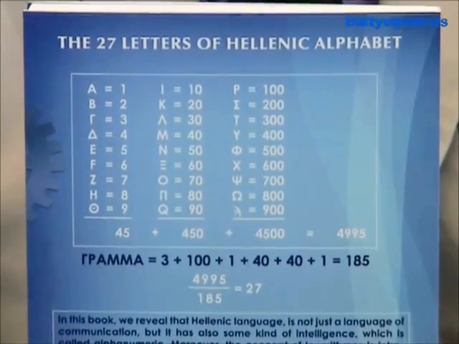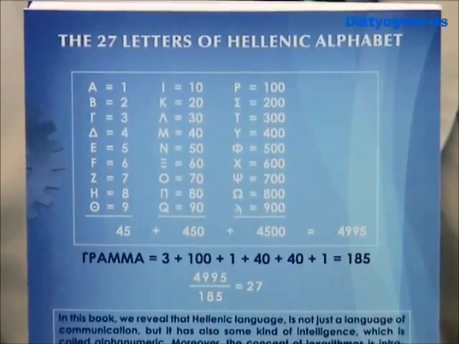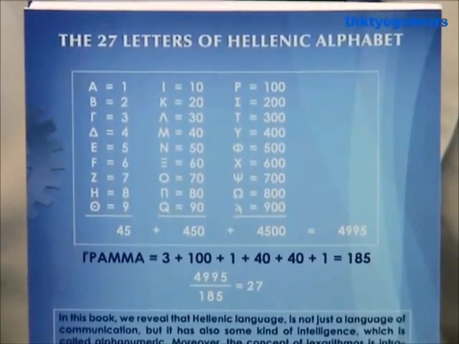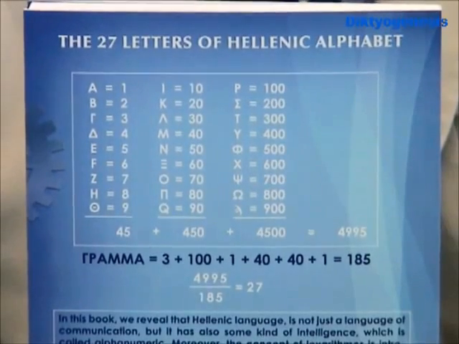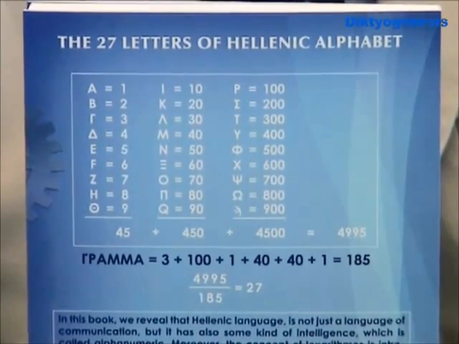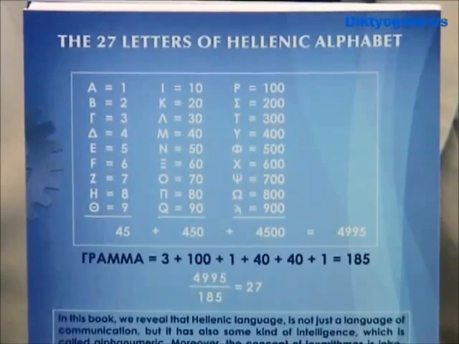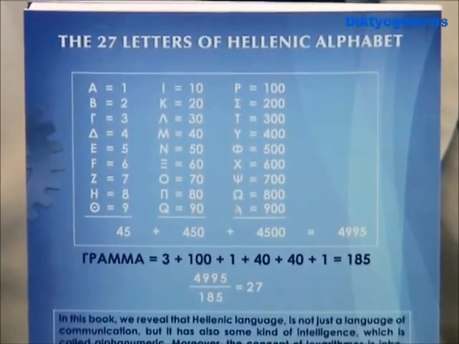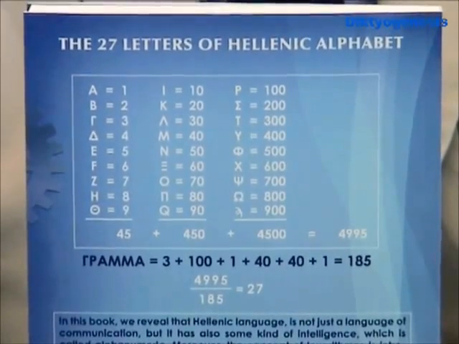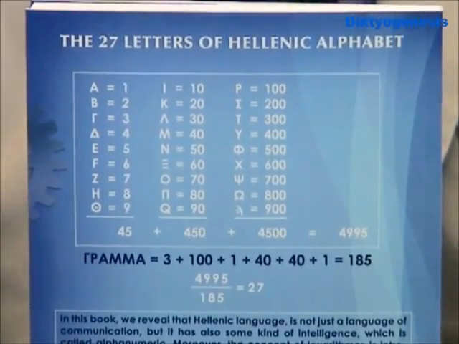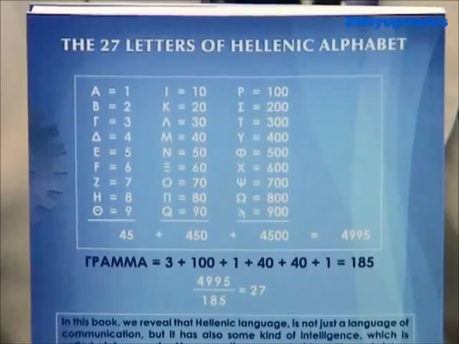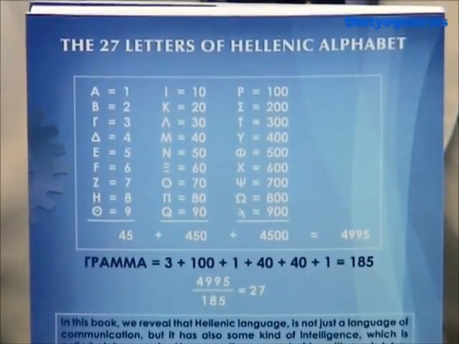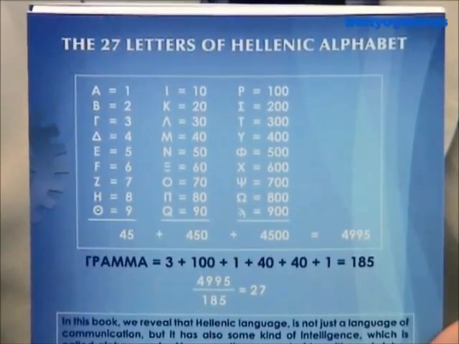So the word gramma, which means letter in Hellenic, has the numerical value or lexarithmos of 185. If we divide the number 4,995, which is the total lexarithmos of the 27 letters of the Hellenic alphabet, by the numerical value of the word gramma, 185, we will receive exactly 27. This is a mathematical proof that Hellenic language knows the multitude of the letters of its alphabet.